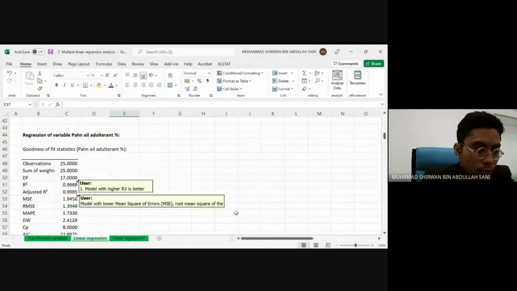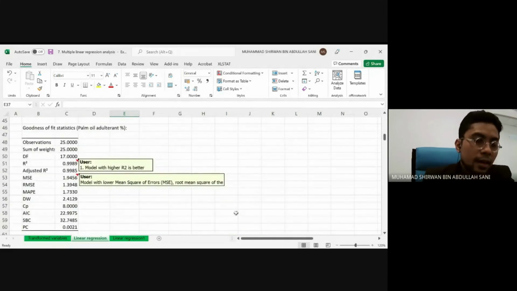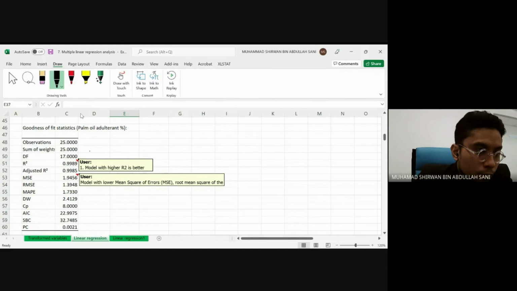So the first one, we want to check whether our MLR model is good. So we go for goodness of fit statistics. Open this one. From here, you have to evaluate. What you can evaluate, you go to check on R square. So a model with higher R square is better.